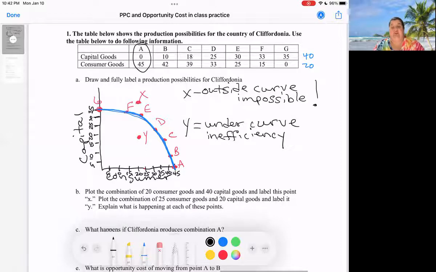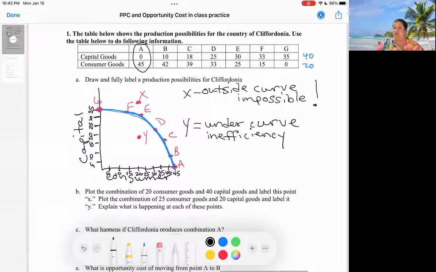That means that the goods are not being used to their full potential, because remember, any point that exists on the curve, point G, F, E, D, C, B, A, all of those points on the curve, those are what we're going to call maximized efficiency, meaning all of the resources are being used to their fullest potential. So any point on the curve represents efficiency.